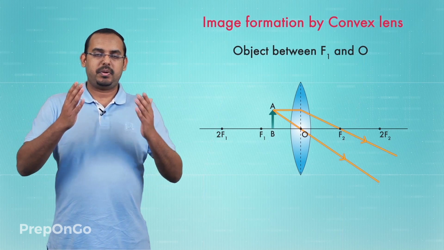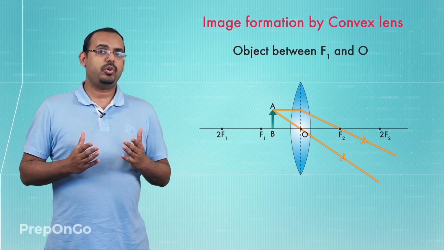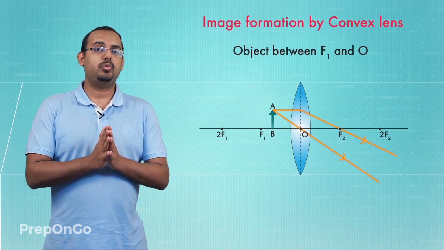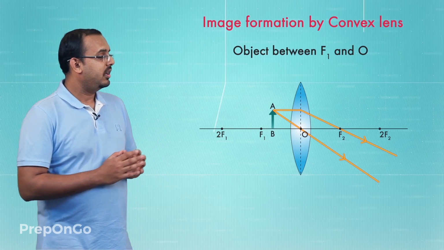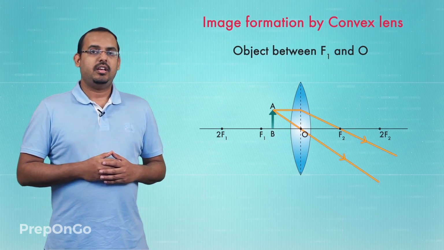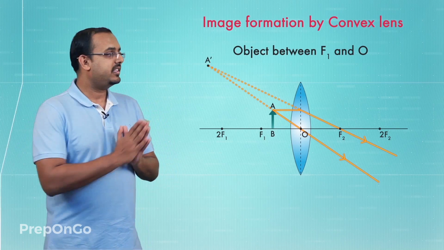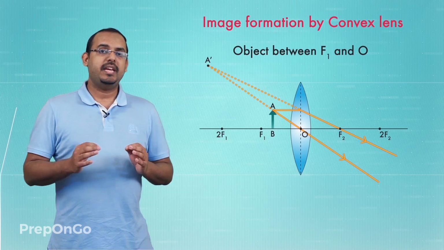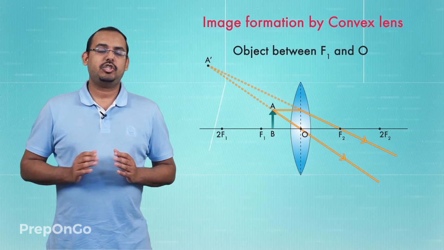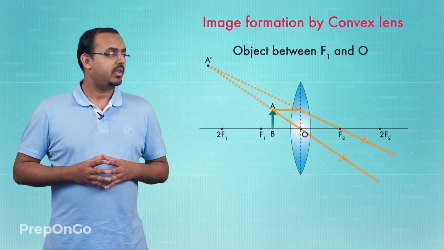Now, how we will perceive these two diverging rays coming towards us is that they appear to be coming from some point which is behind the convex lens. If we extend the path of these two rays backwards, we can see that they meet at some point A dash behind the convex lens.